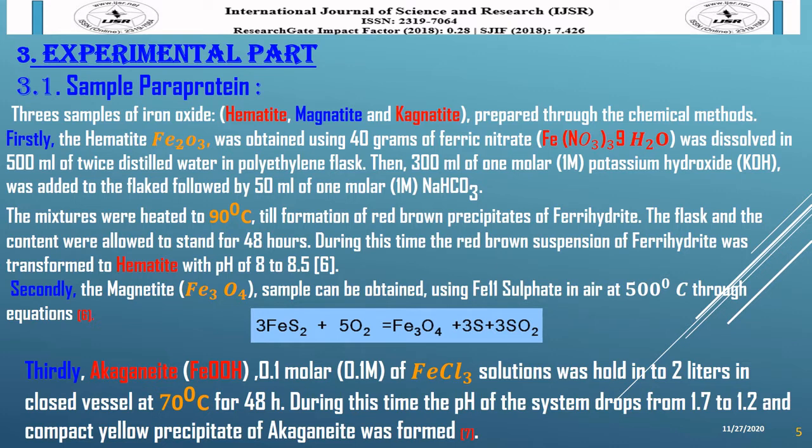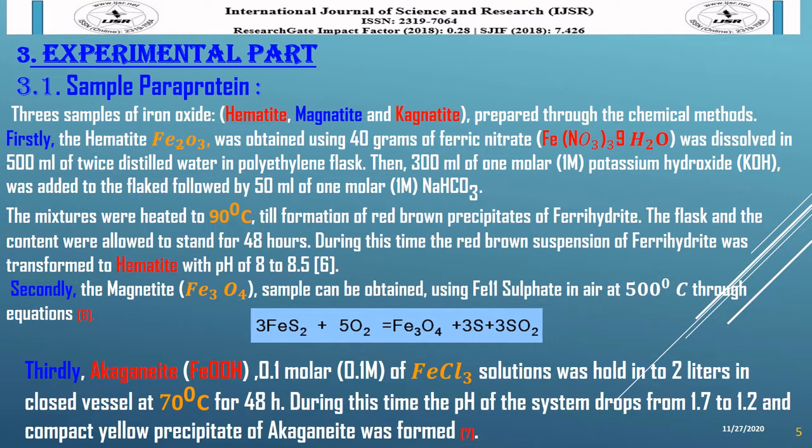This mixture was heated to 90 centigrade till formation of the red-brown precipitate of ferrihydrite. The flask and the content were allowed to stand for 48 hours.